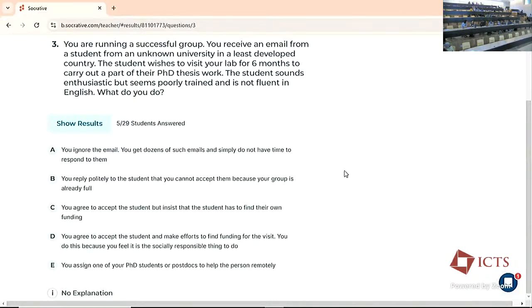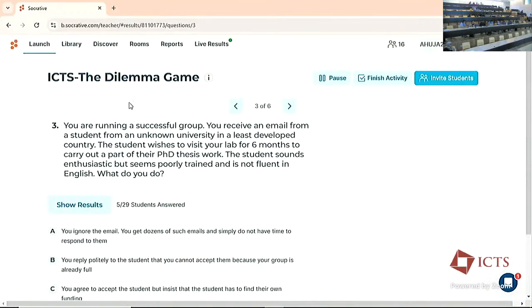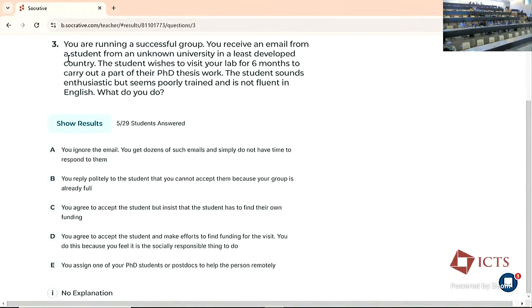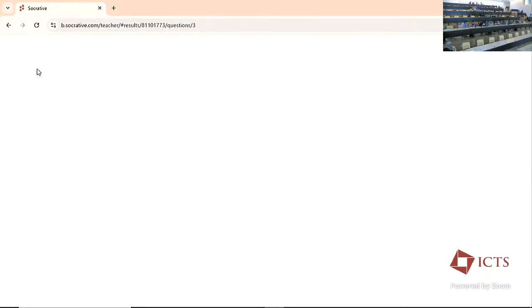Okay, let's vote for this one. Are you voting?